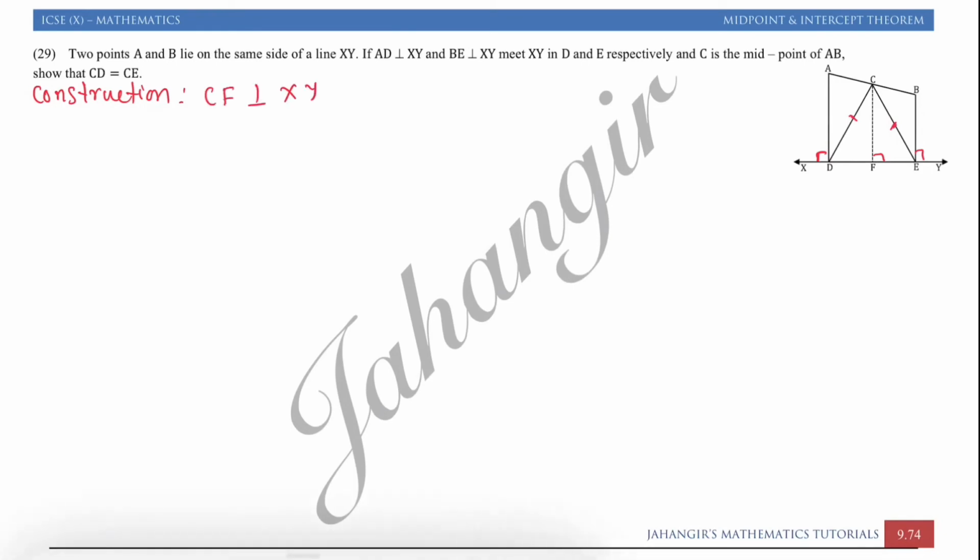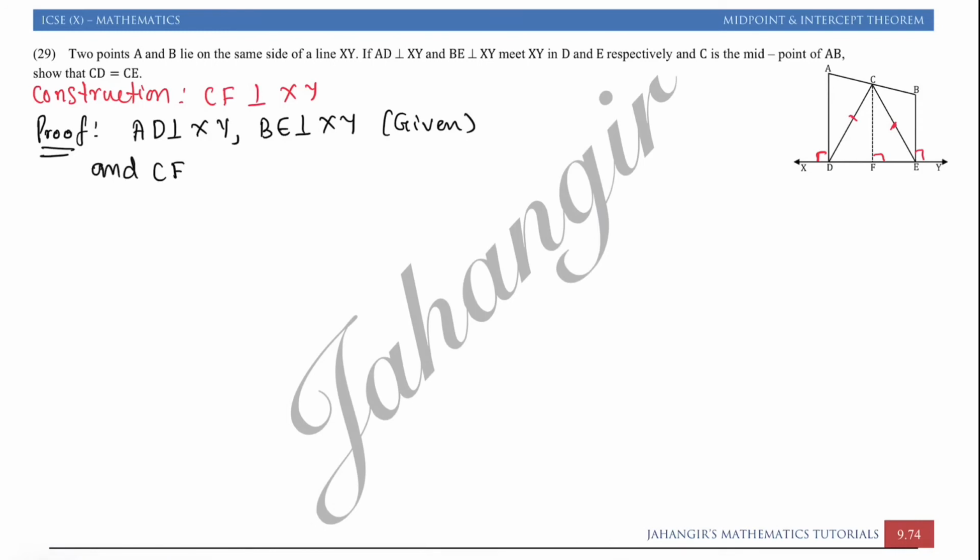Now proof. In proof we will say AD is perpendicular to XY, BE is perpendicular to XY, given. And CF is perpendicular to XY, this is by construction.